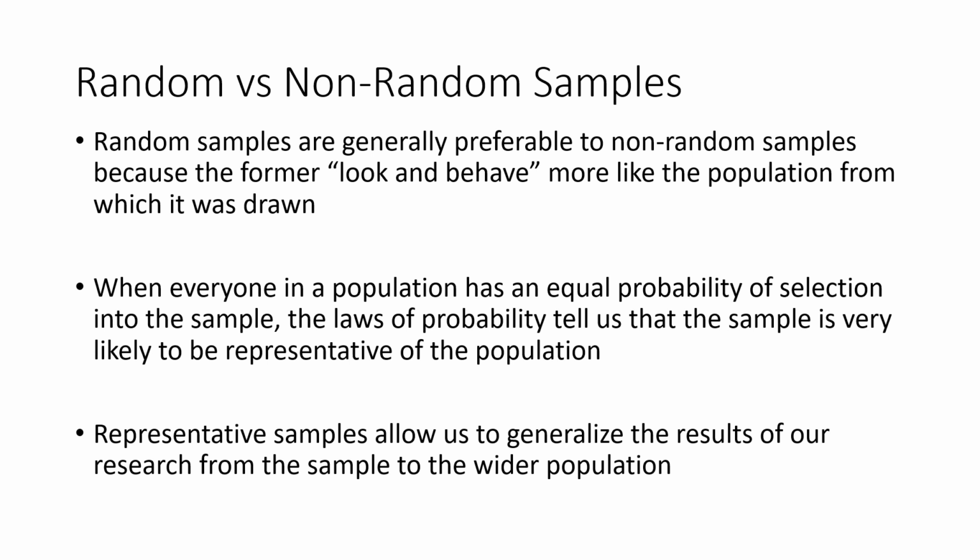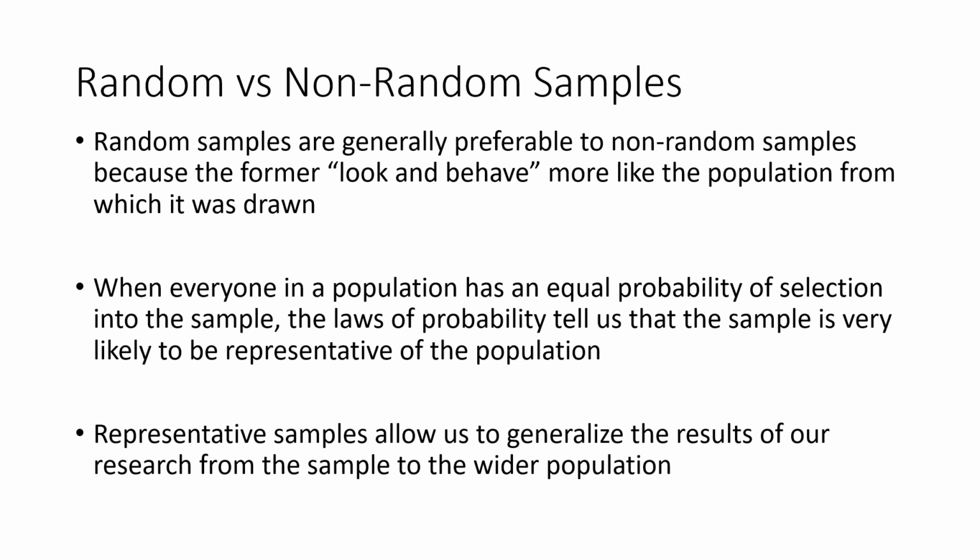So a random sample is one in which everyone in the population has an equal probability of selection into the sample, right? And if everyone has an equal probability of selection into the sample, then the laws of probability tell us that the sample is very likely to be representative of the population.